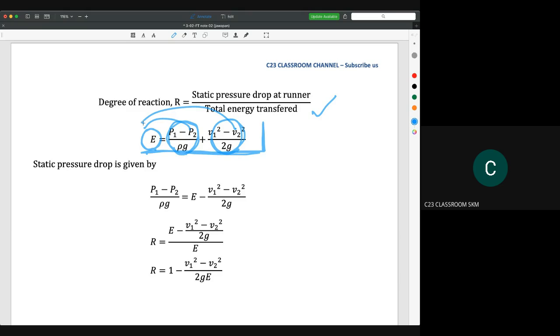And then the static pressure. We have a pressure term here. If we rearrange the equation, we will have this one. Then we divide the static pressure drop by the total energy, and we get this term.